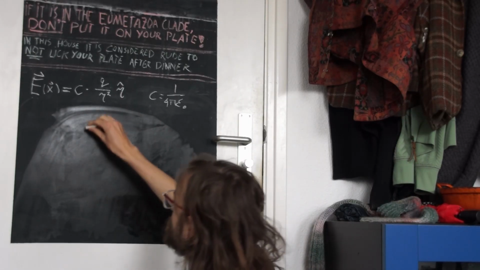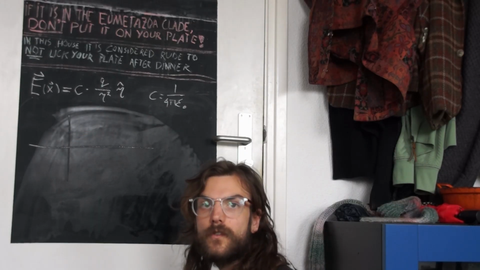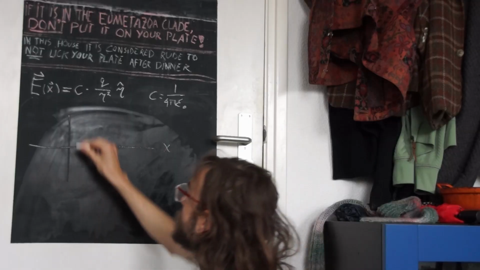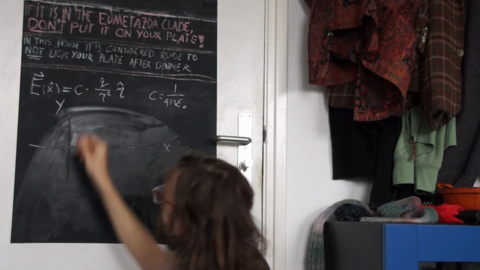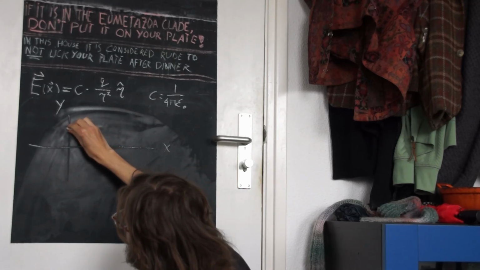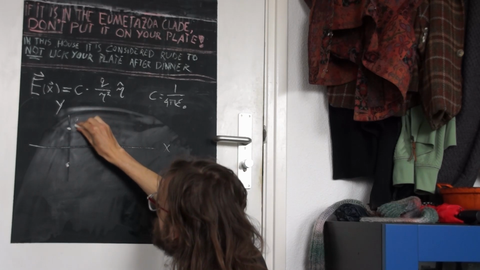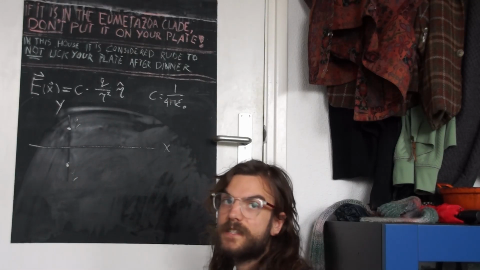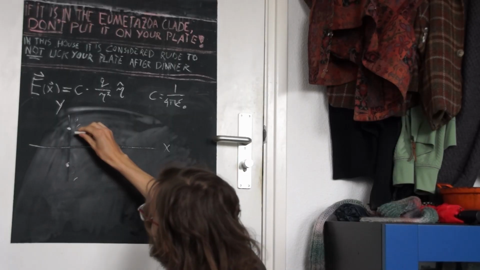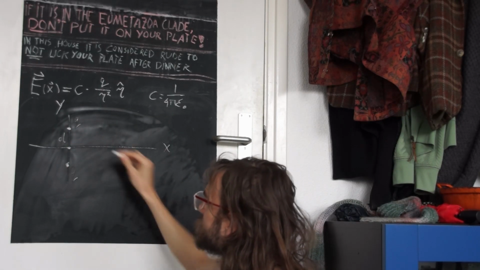So if you have, for instance, and this is going to be a problem that you should try to solve before you see me solve it, if you want to check if you really understand what I'm explaining here. Imagine that you have your xy axis and you have two charges, and they both have charge q, so they are the same charge. This one is 1 coulomb, that one is 1 coulomb, and they are a distance d from the origin.